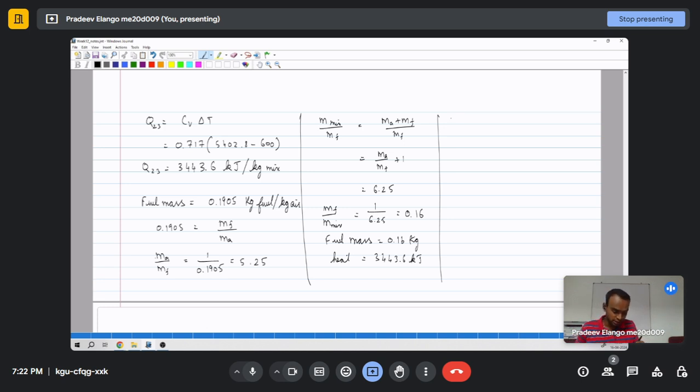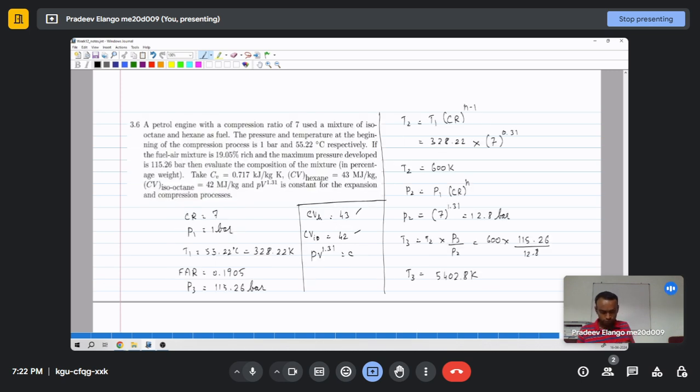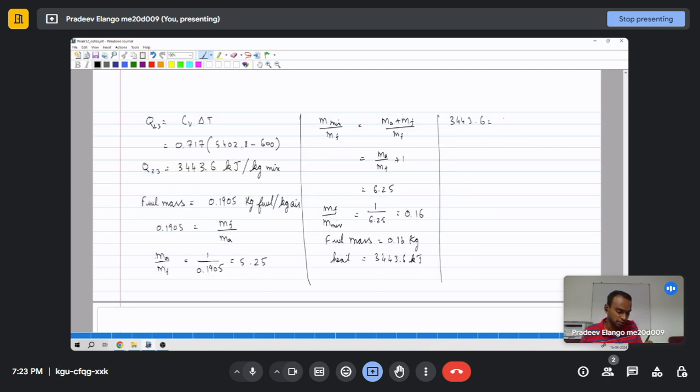Now this heat energy 3443.6 should be balanced by the calorific value of both fuels, hexane and isooctane. So for hexane it is m of hexane into 43,000 plus (0.16 minus m hexane) into 42,000.